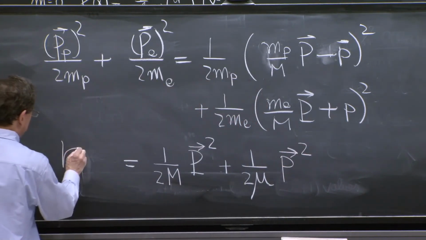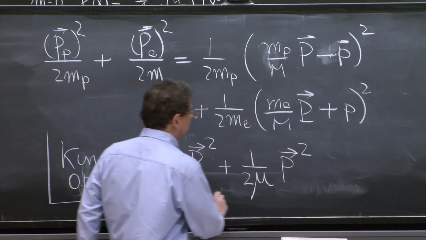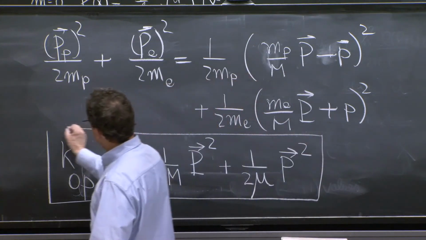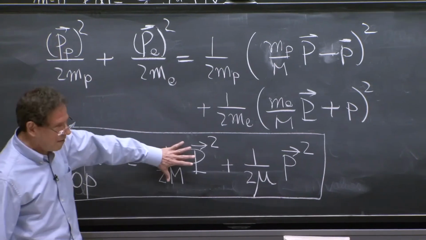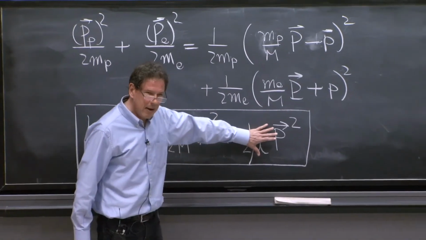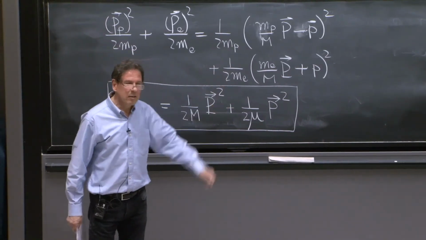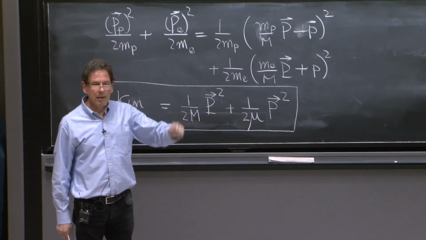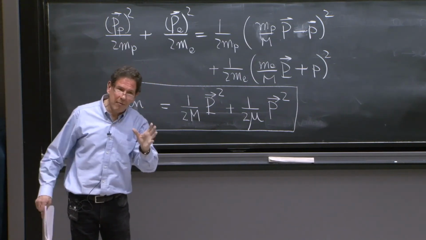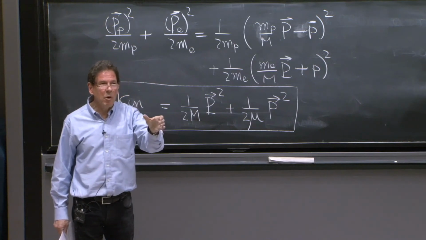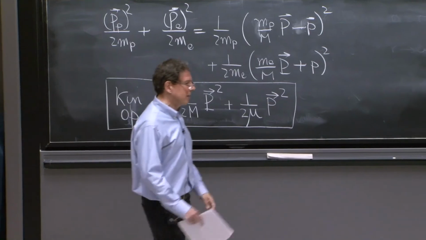This is the kinetic operator. And then you say, great success. The kinetic energy now has separated into a center of mass contribution and a relative contribution. This will allow us to now, with a little step, separate the total Schrödinger equation into center of mass motion and relative motion, and the relative motion will have the central potential. So we'll do the punchline next time.